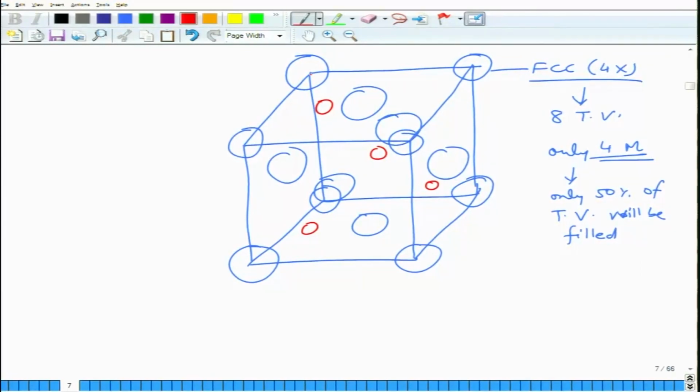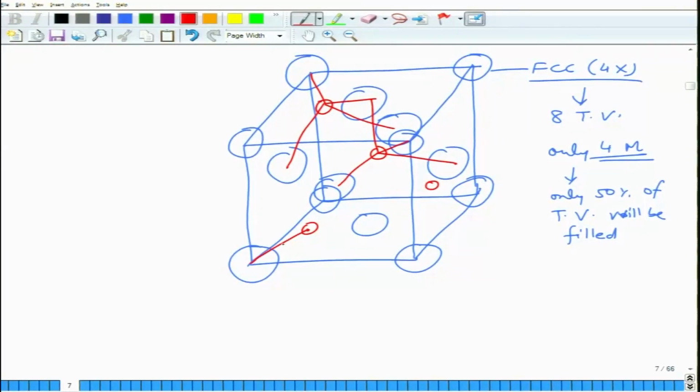So, which means this is coordinated by this, that, and this. This is coordinated by this, and that. Okay.